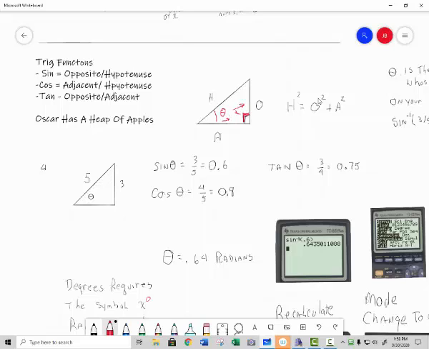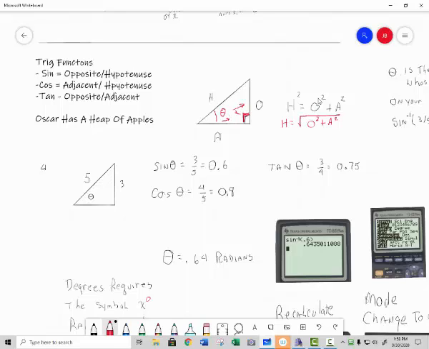Or I can say that h, in fact, is the square root of the opposite squared plus the adjacent squared. Okay? Now I can do the Pythagorean theorem. This is called the Pythagorean theorem, by the way.